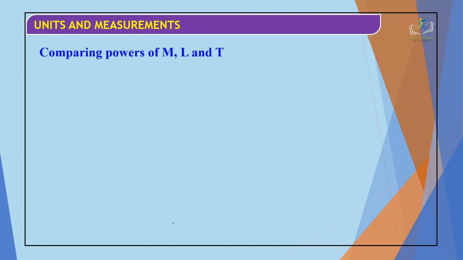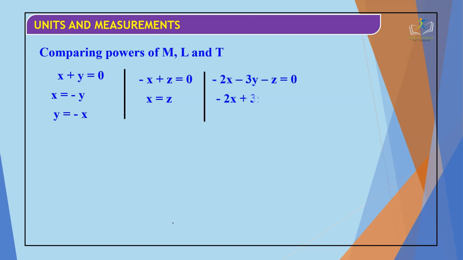So comparing the powers of M, L and T, we get x plus y equals 0. Next, x equals minus y, and y equals minus x. So we have to calculate only a single value, either x or y.